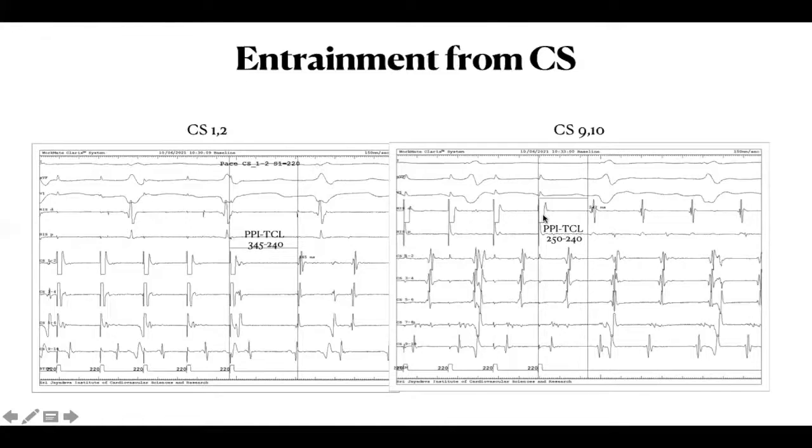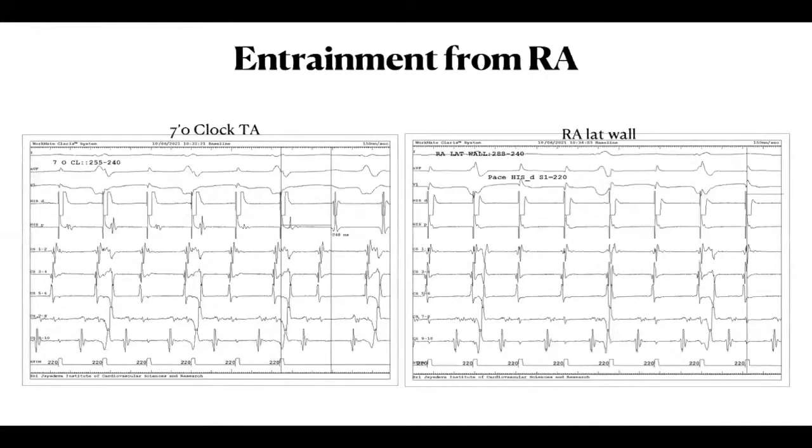We then proceeded to entrain from the RA and CTI. Entrainment from CTI regions, from 5 o'clock tricuspid angle and 10 o'clock tricuspid angle, showed a short PPI minus TCL, while entrainment from the RA lateral wall showed a longer PPI minus TCL.